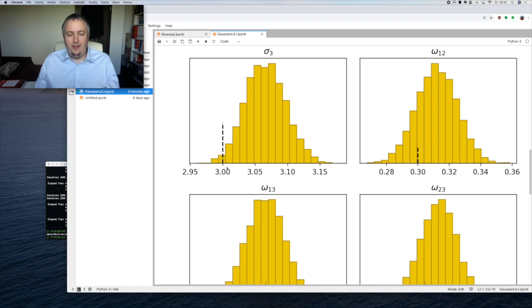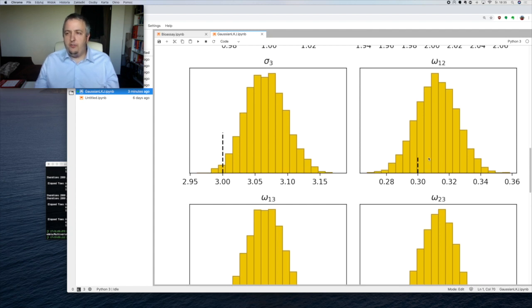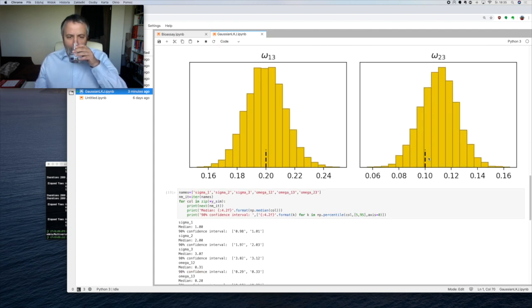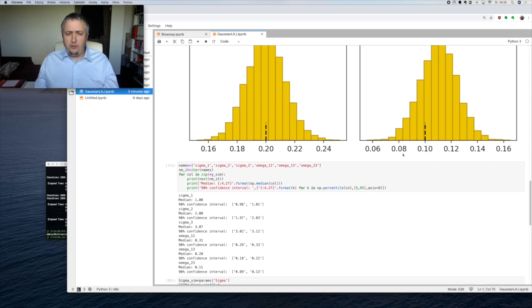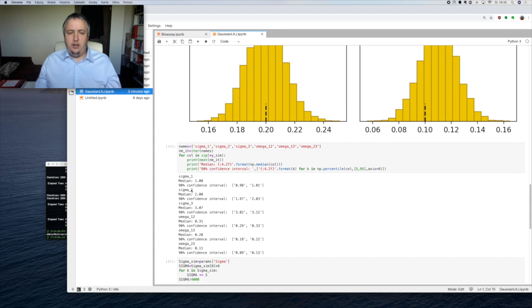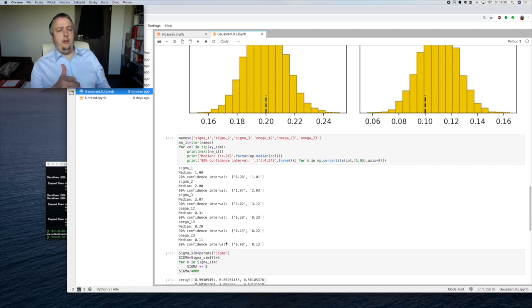We are well within the confidence interval. Same with parameters of the omega matrix. Plotting those, we can see the confidence intervals are rather thin and parameters are close, but these are parameters of the correlation matrix and the variances.